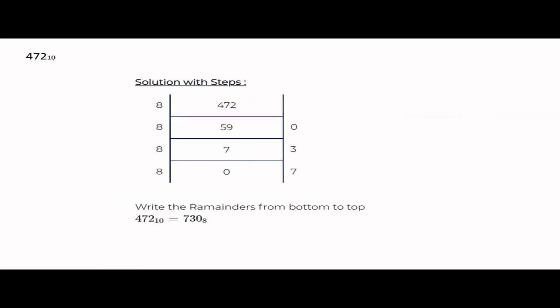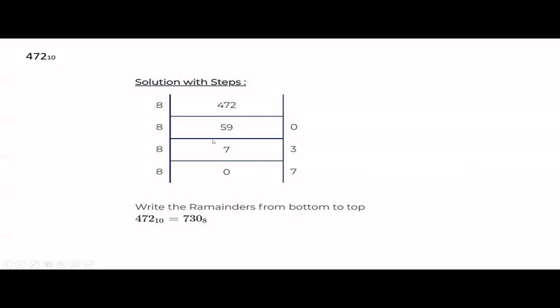Next one. 472 you divide by 8. So 47, it's actually 5. 5 into 8 is 40. So you have 7 left. 72 then. 72 divided by 8 is actually 9. So it's nicely divided by 8. That is why you don't have any remainders.